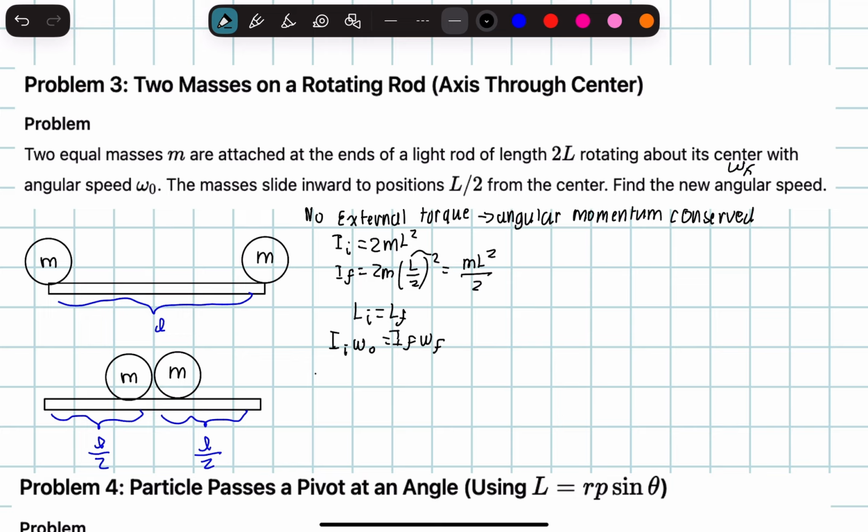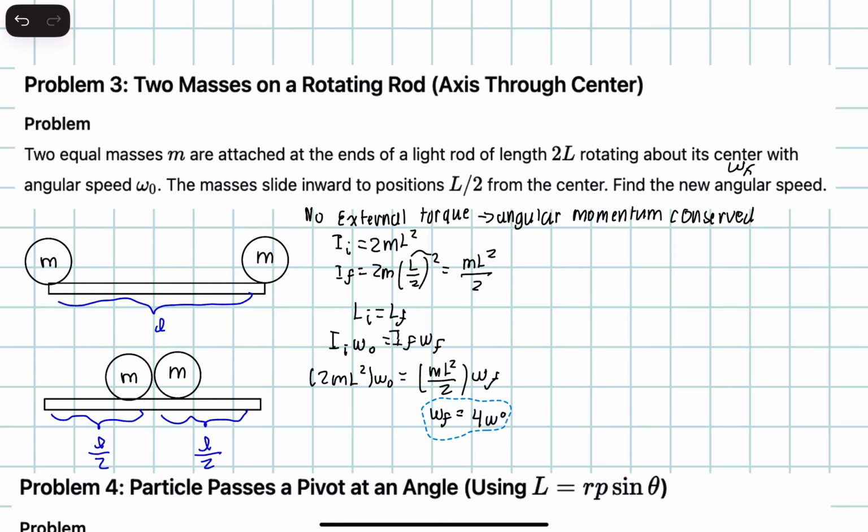Now, substituting in our values, we have 2ml squared omega initial is equal to ml squared divided by 2 omega final. Now we just solve for omega final by dividing both sides by ml squared divided by 2. We have 4 omega initial. We can show our work for that actually.